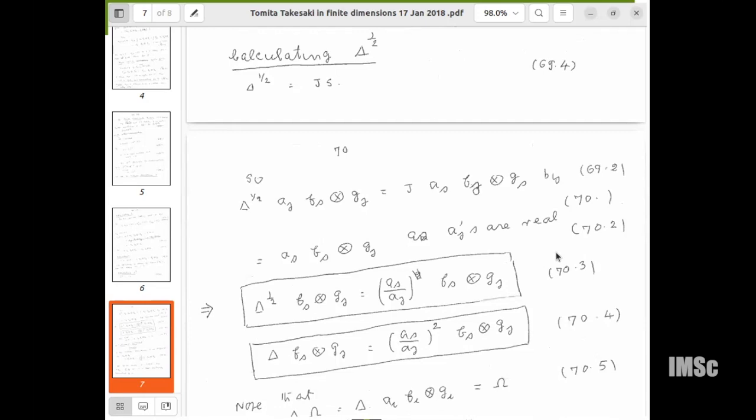So these vectors F times G are diagonal in square root of delta, with eigenvalues A_s over A_j. So delta has eigenvalues A_s squared over A_j squared. So it is a positive operator. This square is all positive, so it is a positive operator as we want.